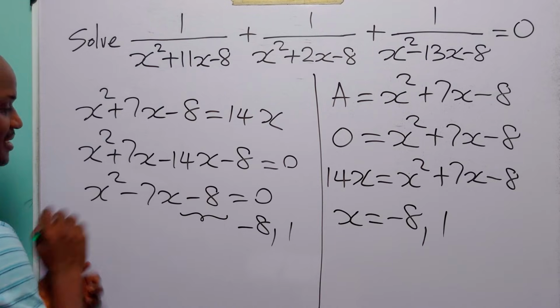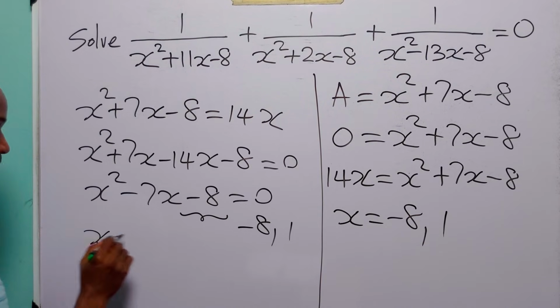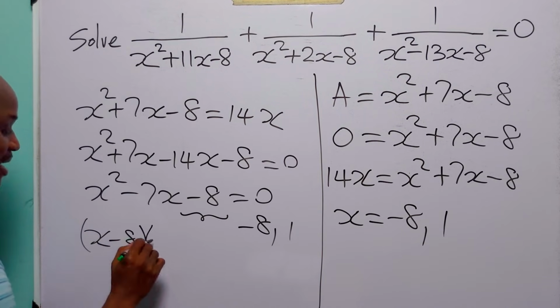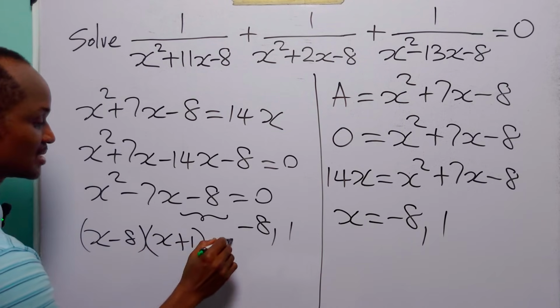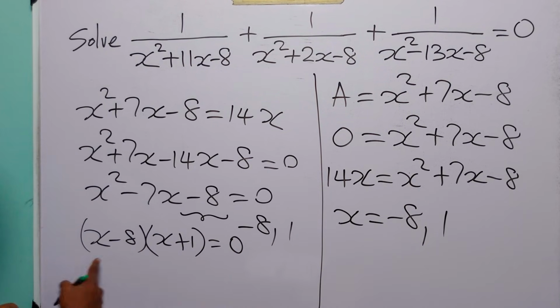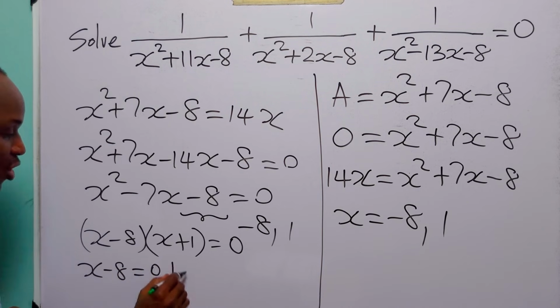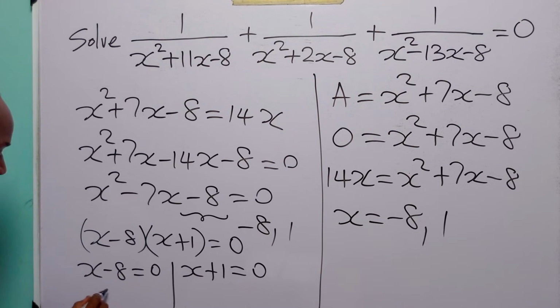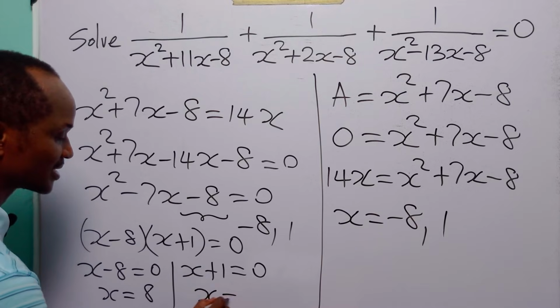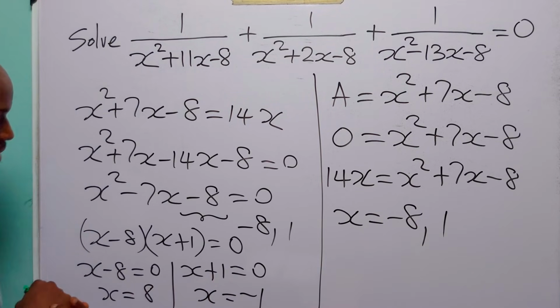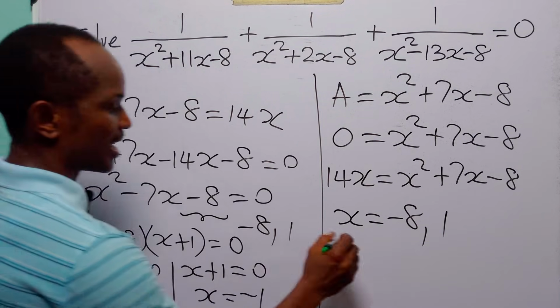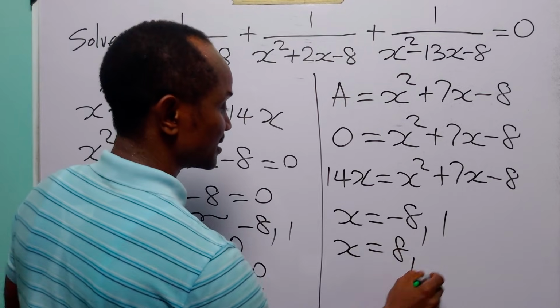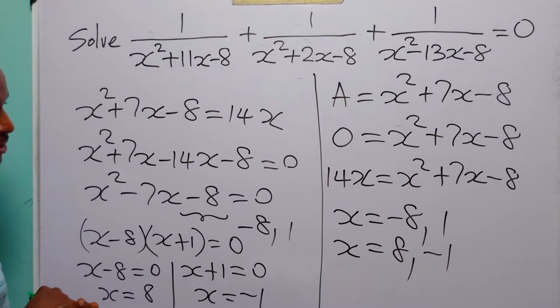So we can factorize this left-hand side as x minus 8 multiplied by x plus 1 is equal to 0. Of course, from here we have that x minus 8 is equal to 0, or x plus 1 is equal to 0. And from here we have that x is equal to 8, while from here we have that x is equal to minus 1. So from the second equation, we have that x is equal to 8, or minus 1.